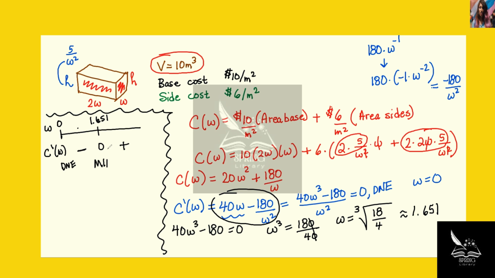But we're not done yet, because we don't just want the W, we want the actual minimum cost. So we want to take our W value and plug it back in.